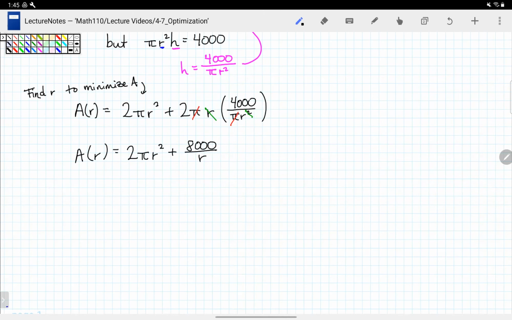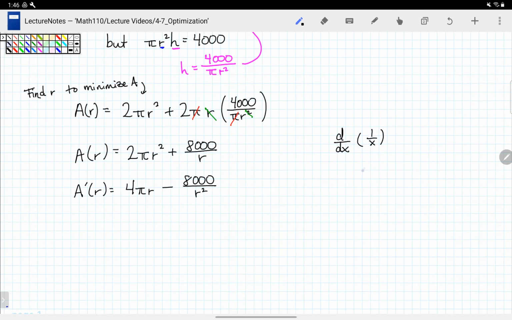I'm going to find the derivative. So A prime of r is going to be 4 pi r minus 8,000 over r squared.